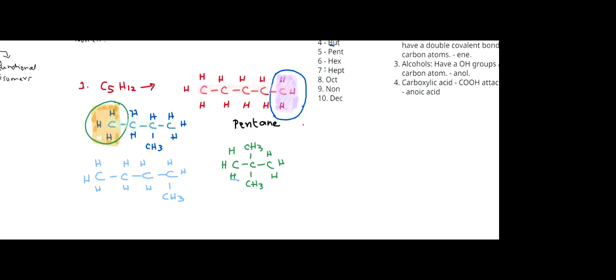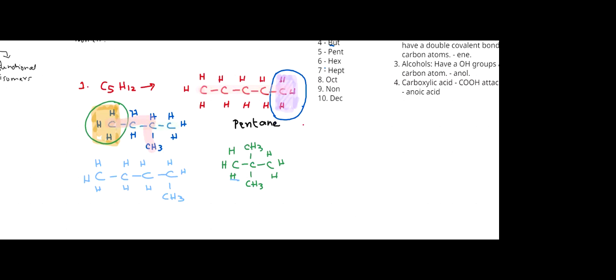Remember, you are making a continuous line, connecting the carbon atoms with each other continuously without lifting your pen. So you can make a line like this, or a line like this, two ways.